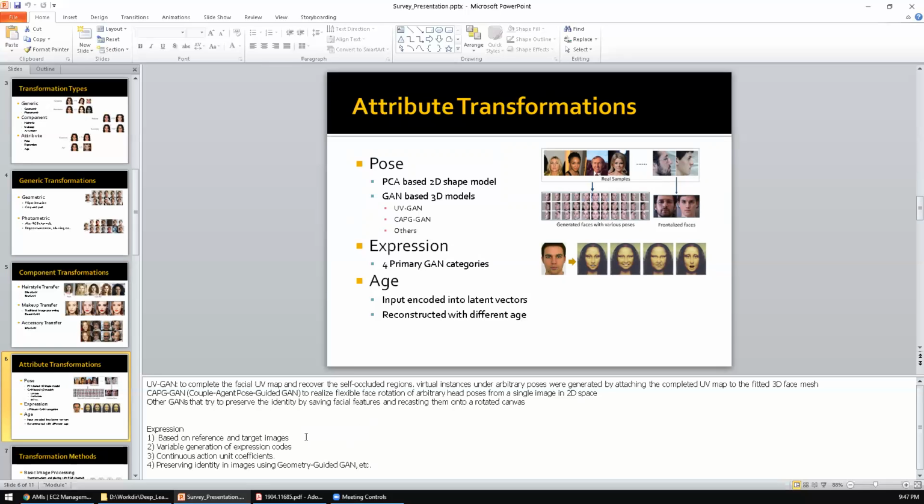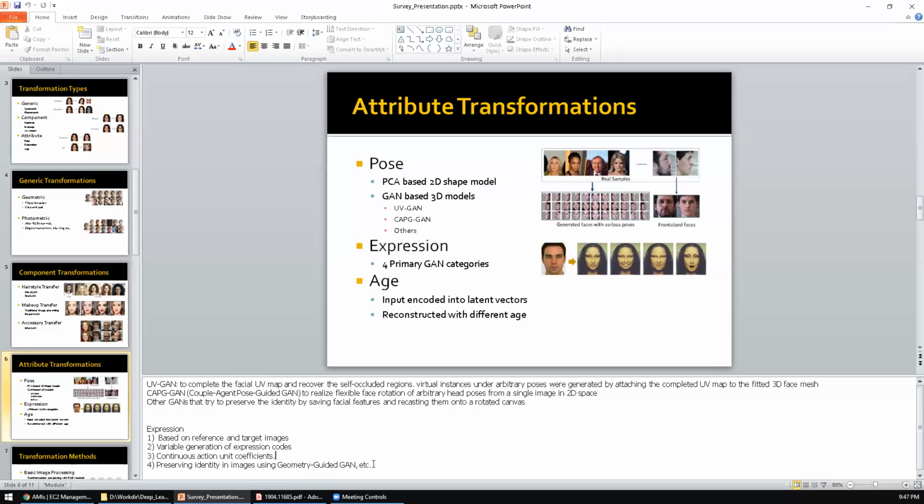For expression, there are basically four primary GAN categories, and these can be based on reference, target, and images, or variable generation of expression codes. The third is the continuous action unit coefficients. These are basically like flow graphs. Like if you're turning left or right, what are the different images you can capture in that instance.